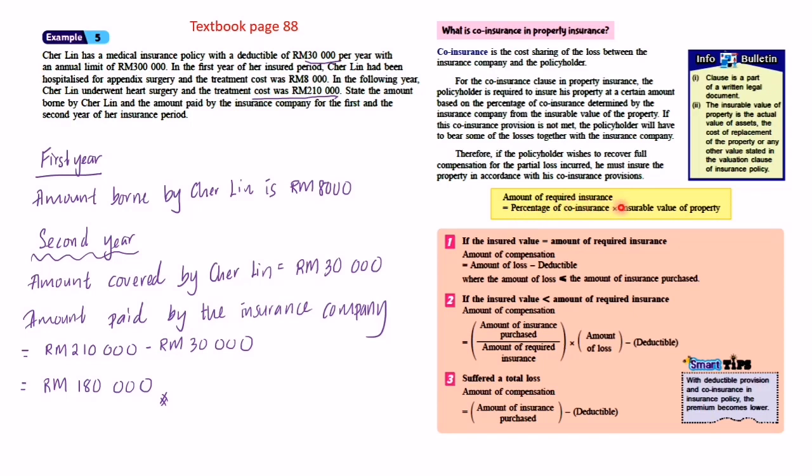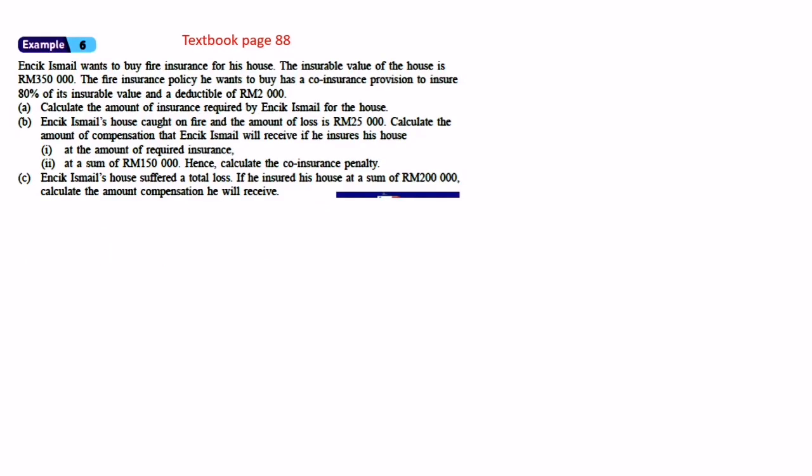Amount of the required insurance equals percentage of co-insurance times insurable value of property. So that means this follows the market value of the property. If the insured, Ismail, wants to buy a fire insurance for his house, the insurable value of the house is 350,000.